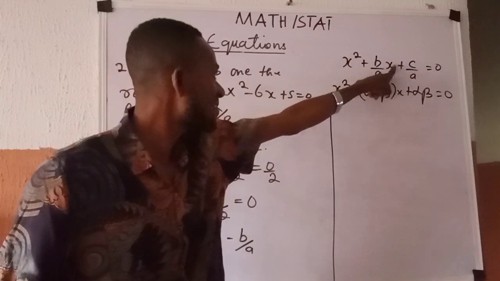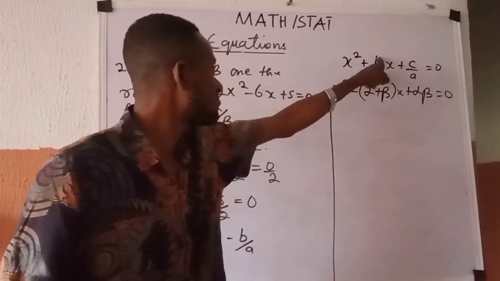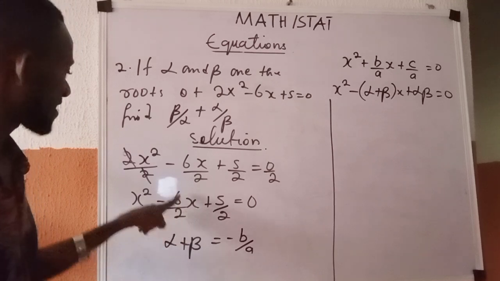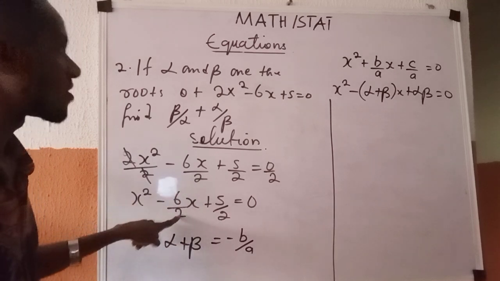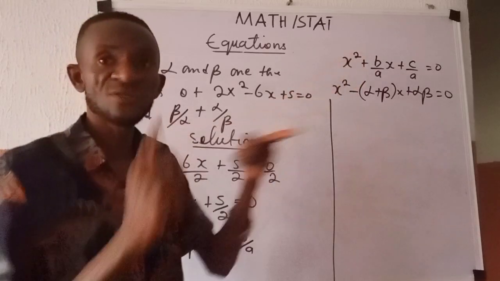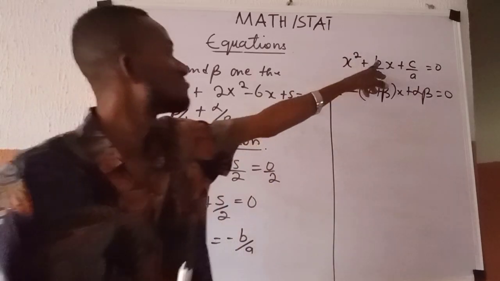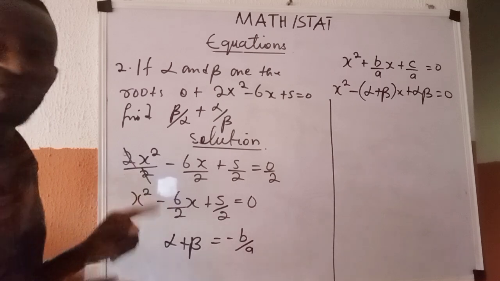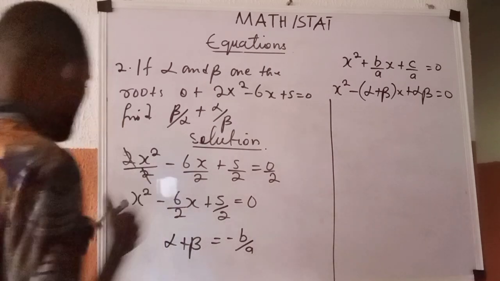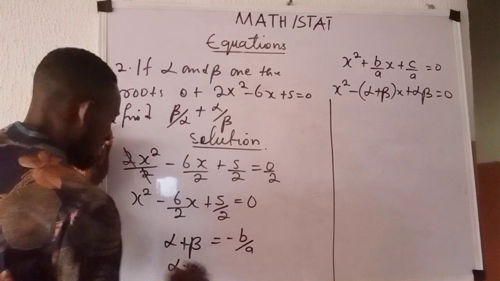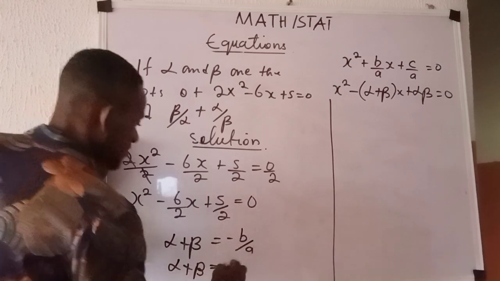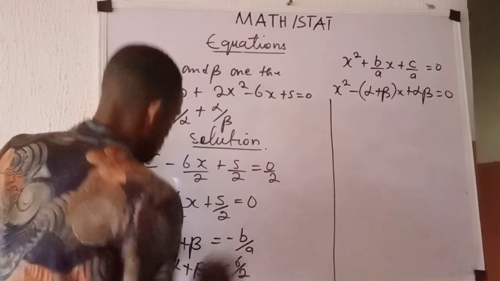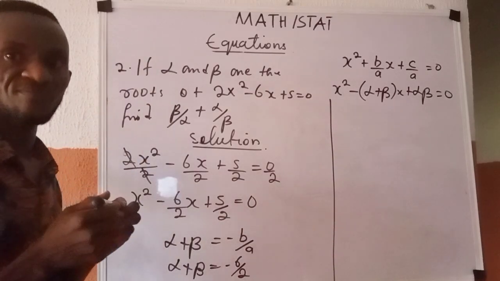The quotient of this x is b all over a. Look at my x here, the quotient of this x here is minus 6 over 2, because we are comparing this equation and this equation term by term. So by implication, b all over a is given as minus 6 over 2. So I will categorically say that alpha plus beta is given as minus b, minus 6 all over 2, is given as this.